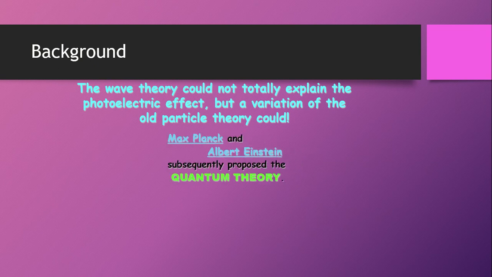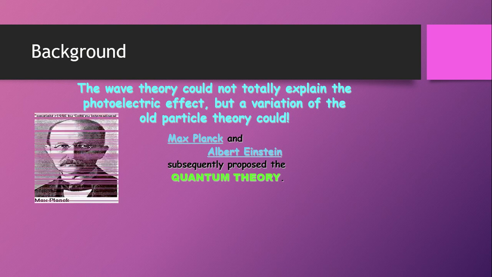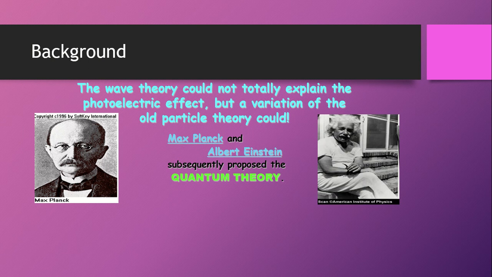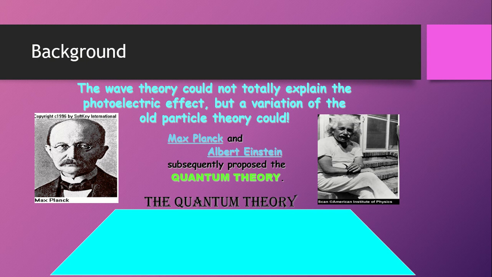A physicist by the name Max Planck and Albert Einstein subsequently proposed the quantum theory. Max Planck, in the year 1901, came up with the idea that light energy is propagated in small packets of energy.